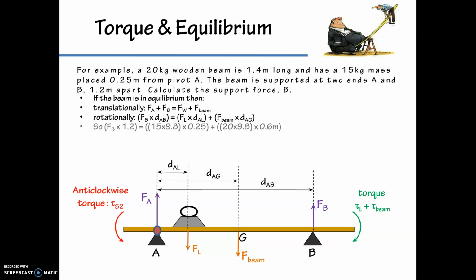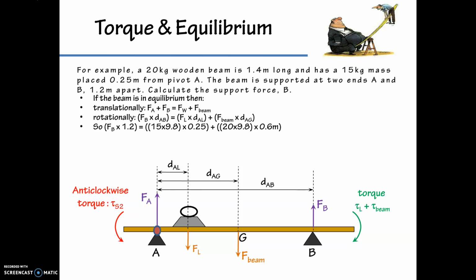The next part of that is to add to that the force of the beam. So that's the weight of the beam multiplied by half of its distance between the two pivots. So in this instance, 0.6 meters. So what we end up with as an equation is FB, because that's the unknown that we want to try and find out, multiplied by 1.2, the total distance between the two pivots.